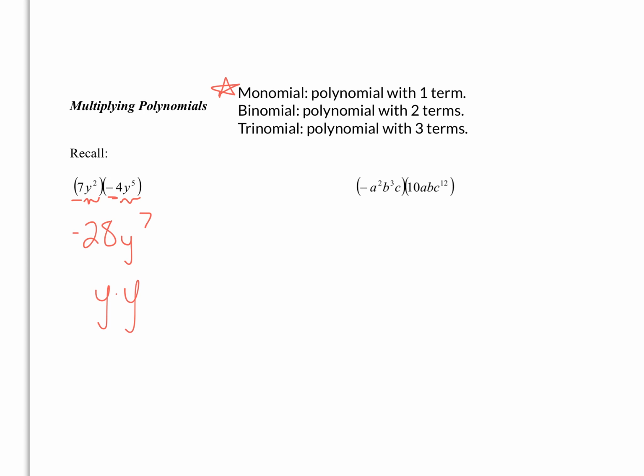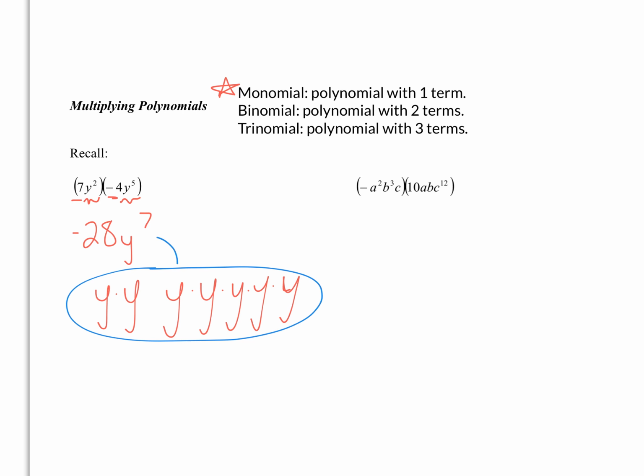And then I'm multiplying y to the 5th. How many powers of y do I have? Well, I have 7 different powers of y. So essentially what we're doing is adding the exponents, the 2 and the 5, to get a power of 7.